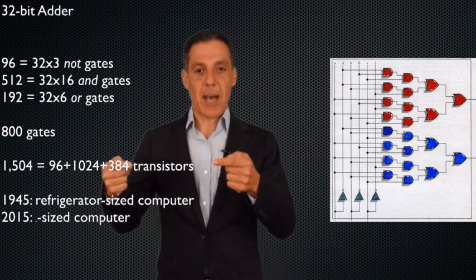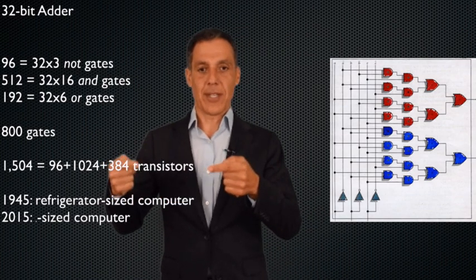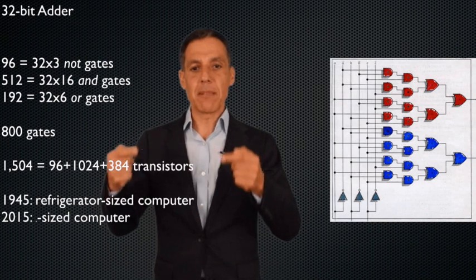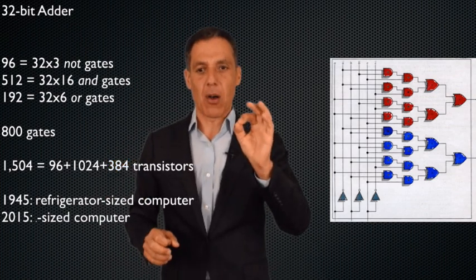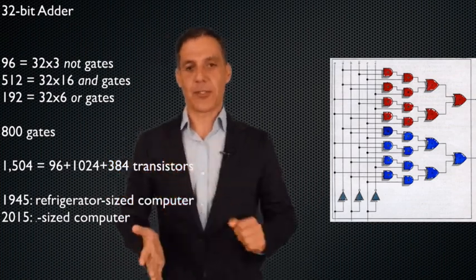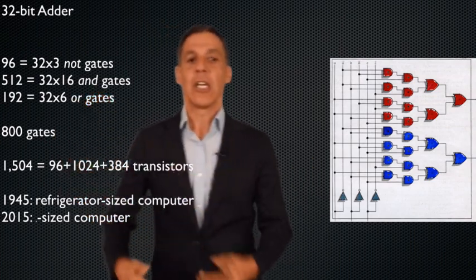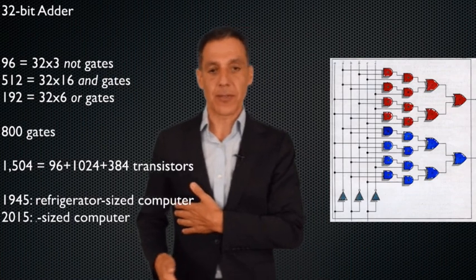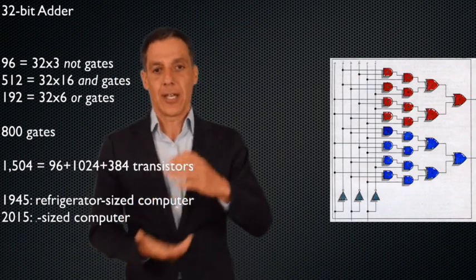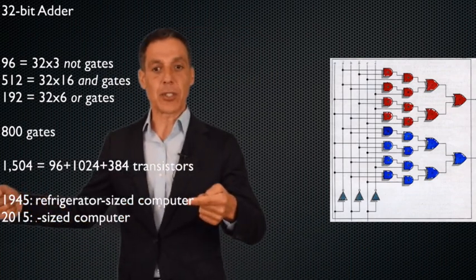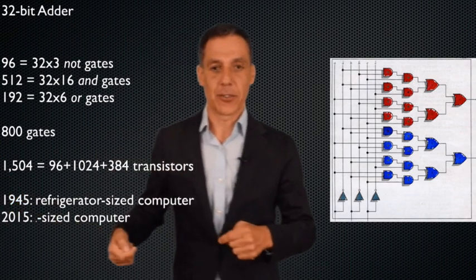This is the magic of modern day computers, that these transistors can now be made incredibly small. And so you can pack more and more transistors onto a circuit board, which means you can pack more gates, which means you can pack more circuitry, which means you can have now in your jacket pocket a cell phone that is the equivalent of a supercomputer from 60 years ago.